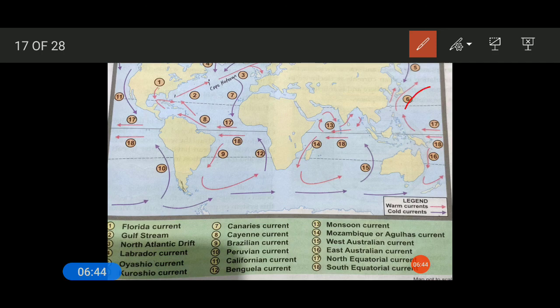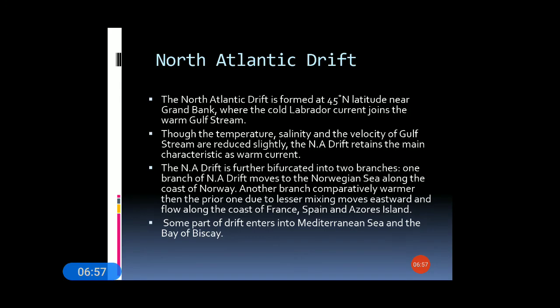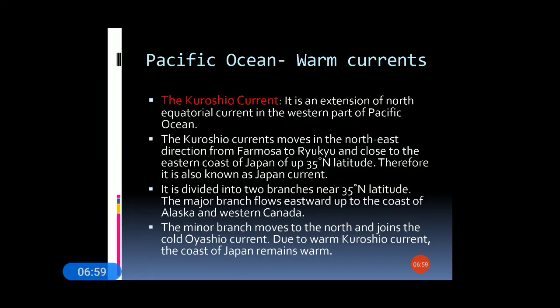One branch moves towards the east and the other branch moves towards the northern side and meets the cold current here. Now coming to the next. Due to the Kuroshio current, the coast of Japan remains warmer, even during the winter season.